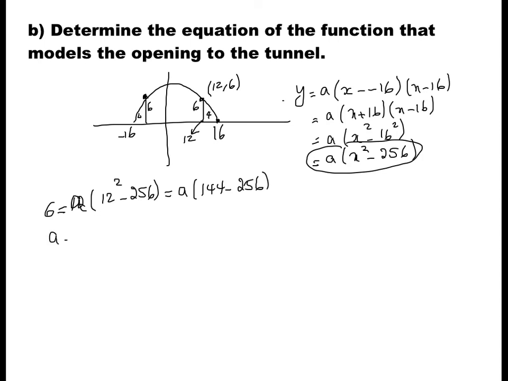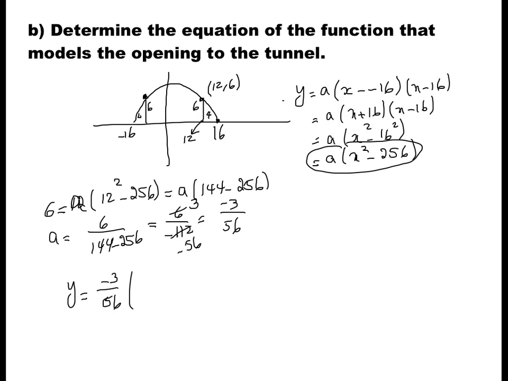So a is going to be 6 divided by 144 minus 256, which is going to be 6 divided by negative 112. Divide numerator and denominator by 2, you get 3 here, you get negative 56 here. So a becomes negative 3 over 56. So our equation becomes y is equal to negative 3 over 56 times x squared minus 256.